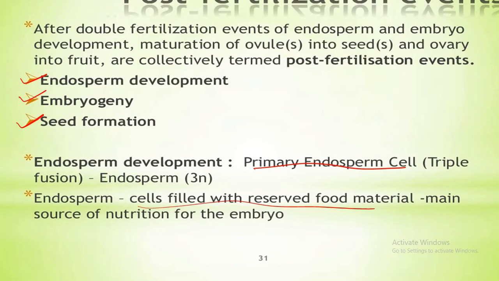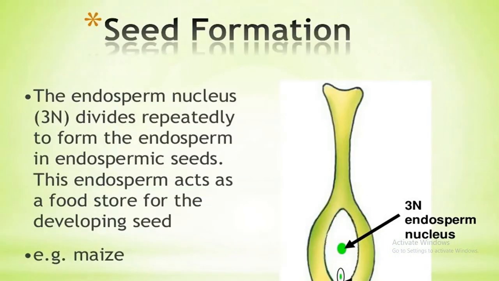At this stage, it is called free nuclear endosperm. Third, wall formation takes place from the periphery and proceeds towards the center, and the endosperm becomes cellular.